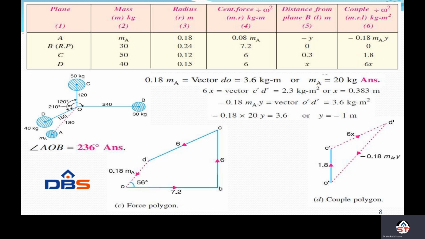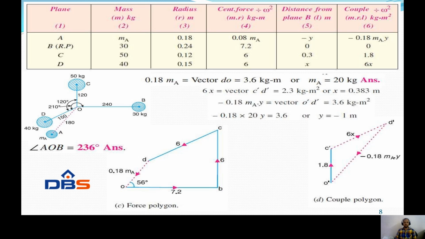So O to B distance is 7.2, using suitable scales. After that, B to C distance is the centrifugal force, 6, which is perpendicular. So B to C is 90 degrees, 6.